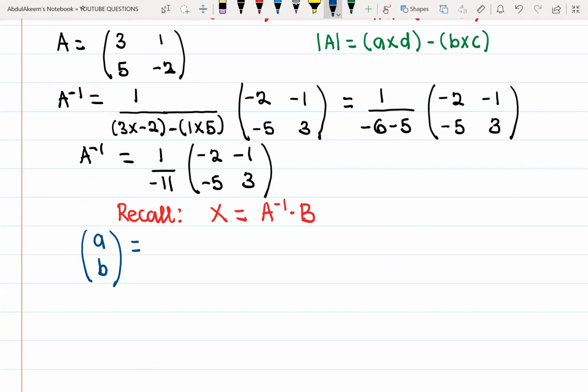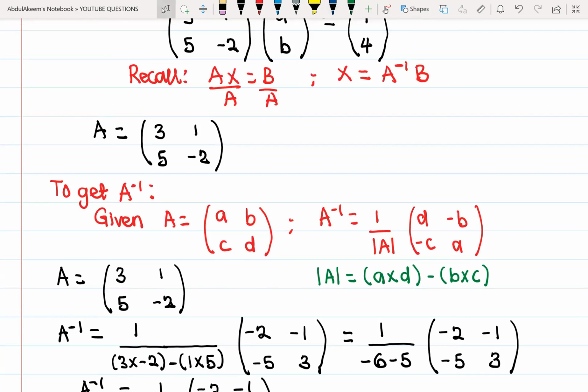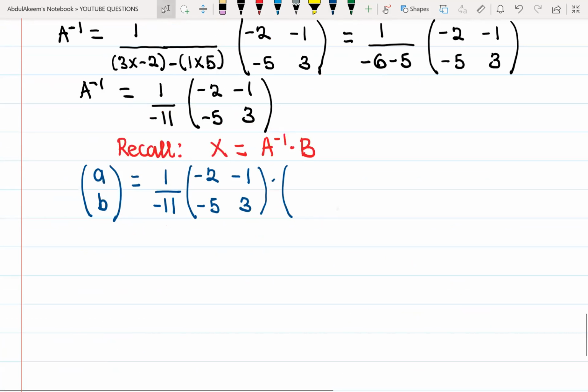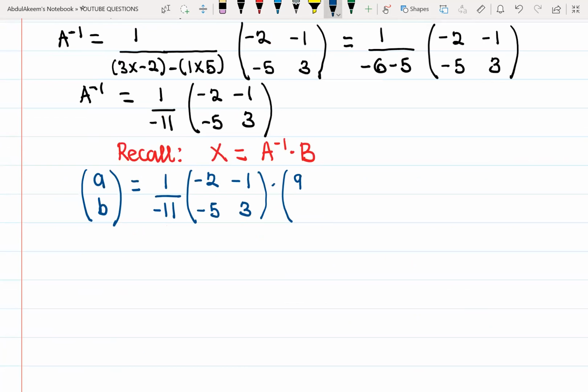What is my matrix A inverse? That's 1 divided by minus 11 times [-2, -1; -5, 3], times, what is my B now? My matrix B is [9; 4].